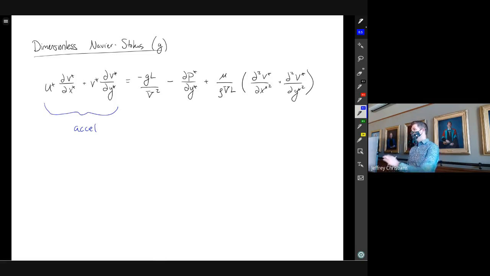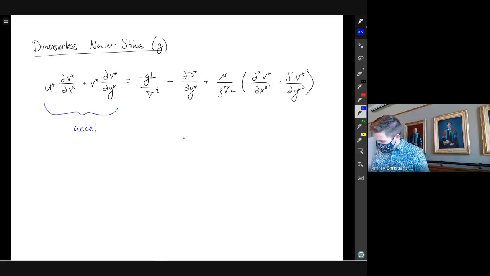If we have two big forces, then we have to consider both of those. If gravity is a big force and other stuff is not, then we really only have to consider gravity and we don't have to care about the other stuff. So the advantage of putting it in this kind of form is it allows us to look at what are the big forces, what are the things that we actually have to worry about, and what are the little forces, what are the things that we can cross out and we don't have to worry about.